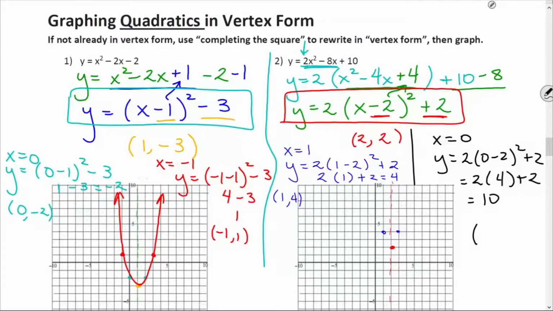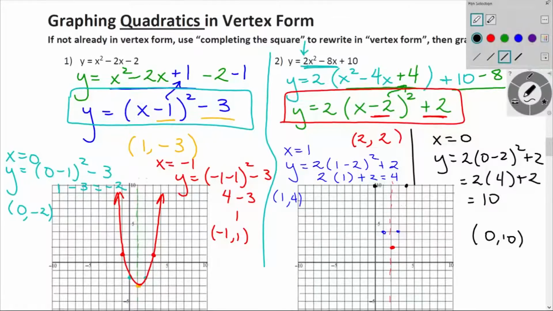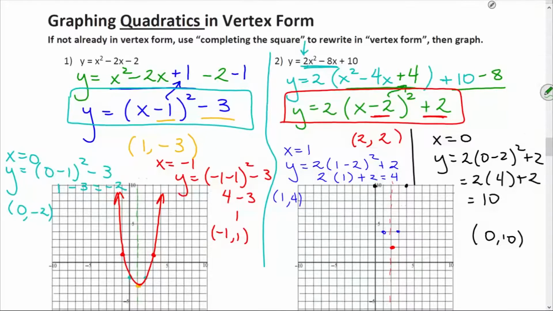So I get the point 0, comma 10. And that point is right here. Okay, but it's symmetric, so it's 2 spaces away, so I go on the other side 2, and I get this point right here. Okay, and as my parabola, I get this curve right here, and that's a graph for the parabola.